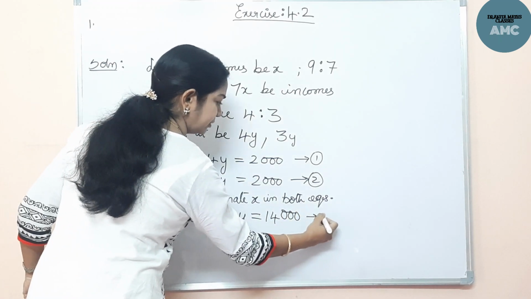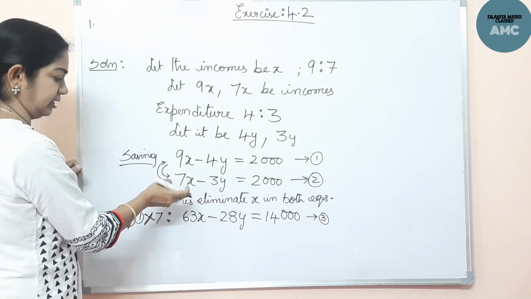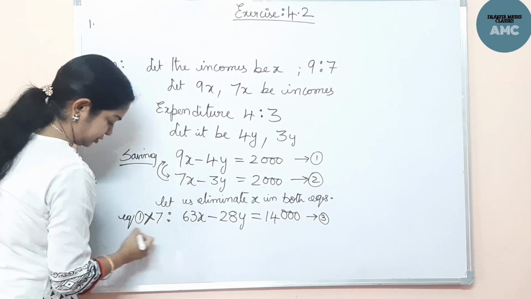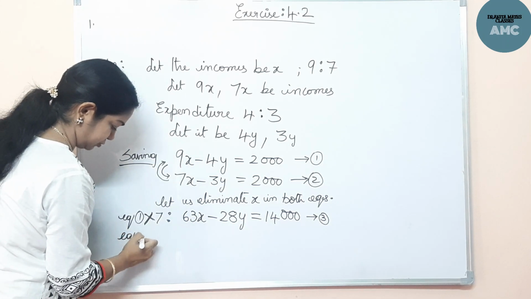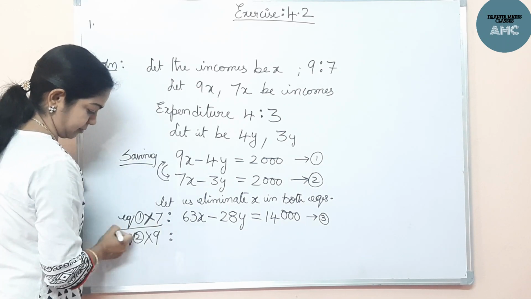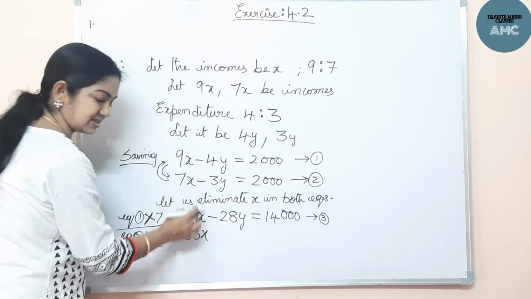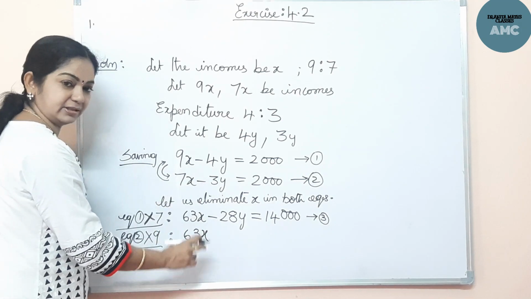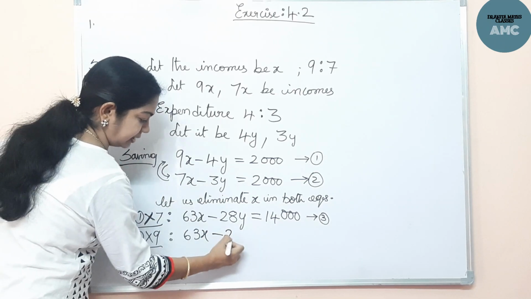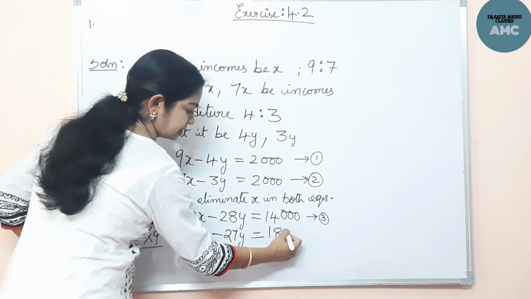Now this forms equation 3. Equation 1 has changed into equation 3. Now equation 2 I have to multiply with 9. Here 63x, so both are 63, so I'll be eliminating the x part. Minus 9 3s are 27y, 9 2s are 18,000.